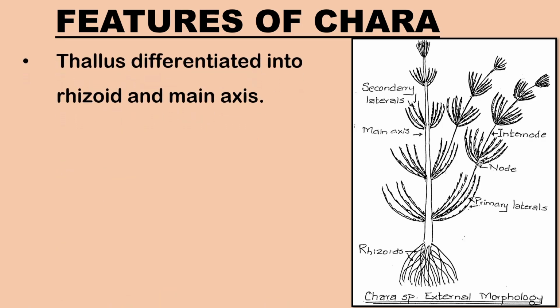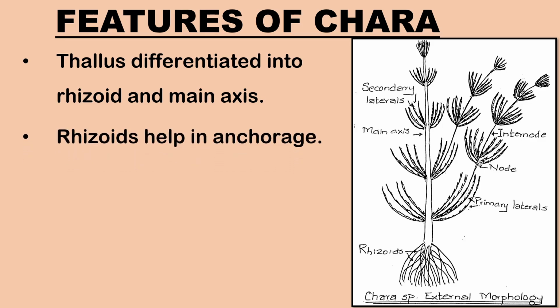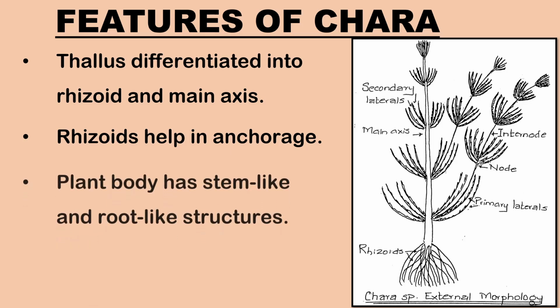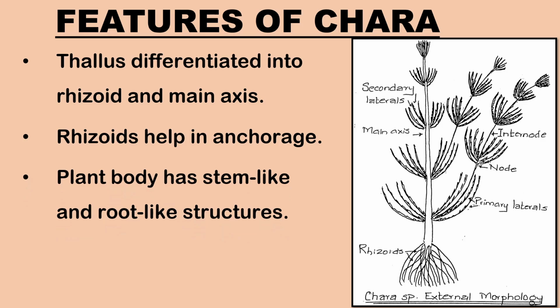Thallus of Chara is differentiated into a well-developed root-like structure called rhizoid and the main axis. Chara anchors itself to the substrate with the help of rhizoid. The plant body has a stem-like and root-like structure, but true leaves, flowers, and seeds are absent.